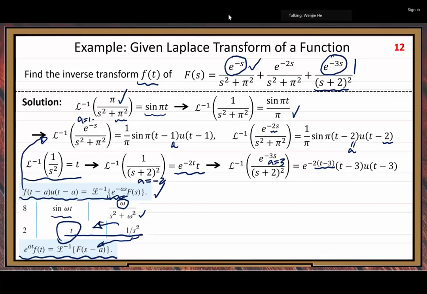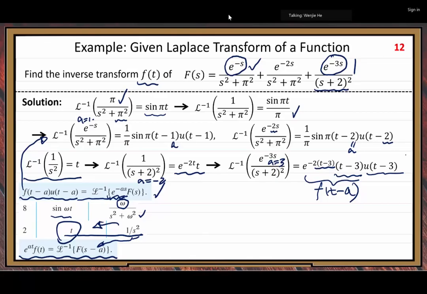So this is t minus a, this part is little f of t minus a, then this part is u of t minus a. So that's the inverse Laplace transform of the third term.